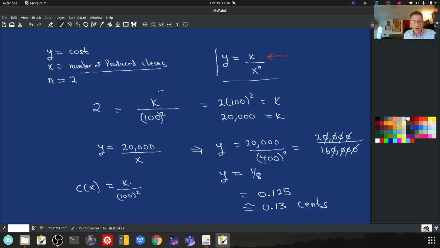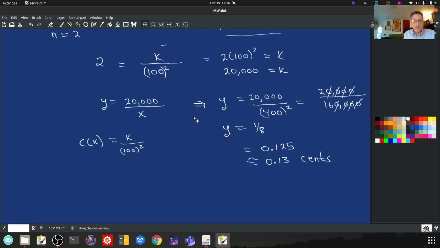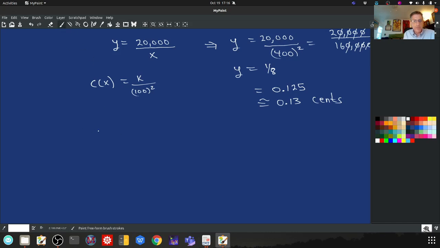And once we solve for k, we would have a cost function given by the cost per item, that's what x stands for, is equal to 20,000. Oh, there should be a squared there. Glad I saw that. 20,000 divided by x squared. I'm glad I went over that, because I failed to write the exponent there. And that's important that you write it.